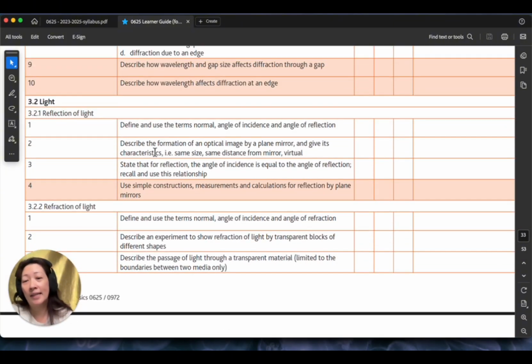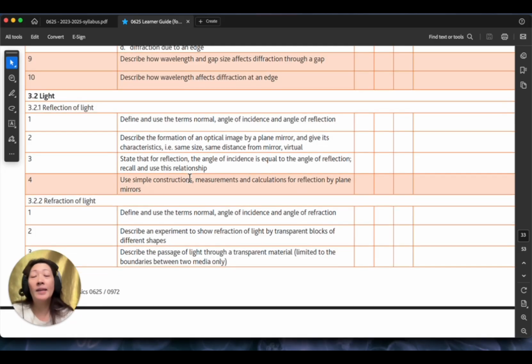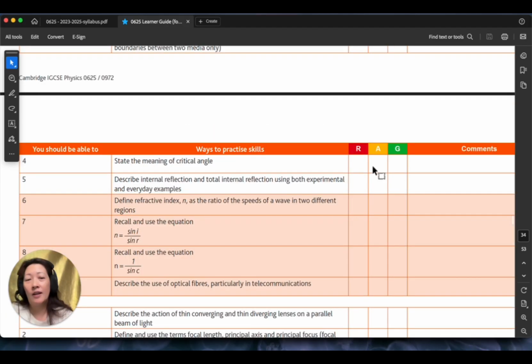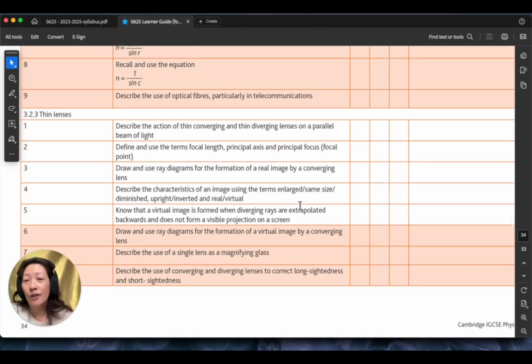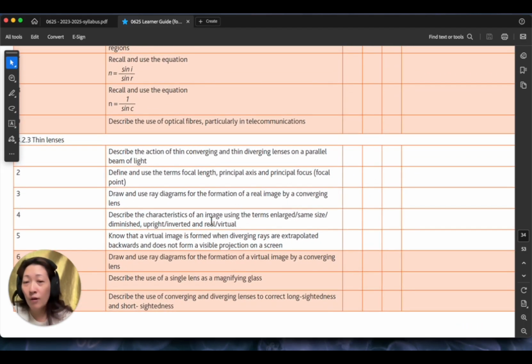Now, it's possible that certain things may not be covered for whatever reason in the lesson, or sometimes it was covered in a lesson but you were not paying attention so you didn't get it, or sometimes it was covered in a lesson but you were not there, possibly because you missed the lesson due to illness, or you were away from class because you were doing something for the school or representing the school in some kind of competition, and check, do you have the confidence in this skill or not? That way you can identify what you know and what you don't know and what you need to work on.